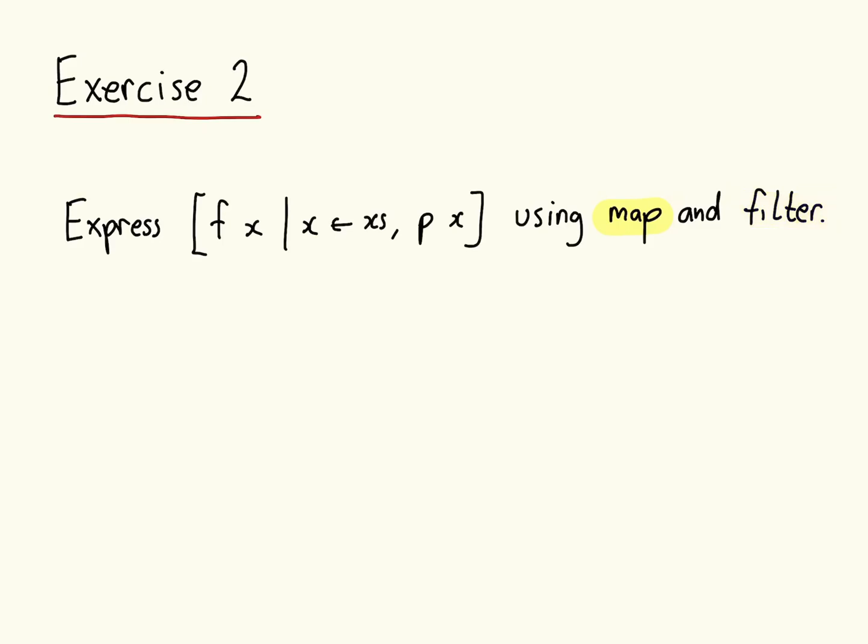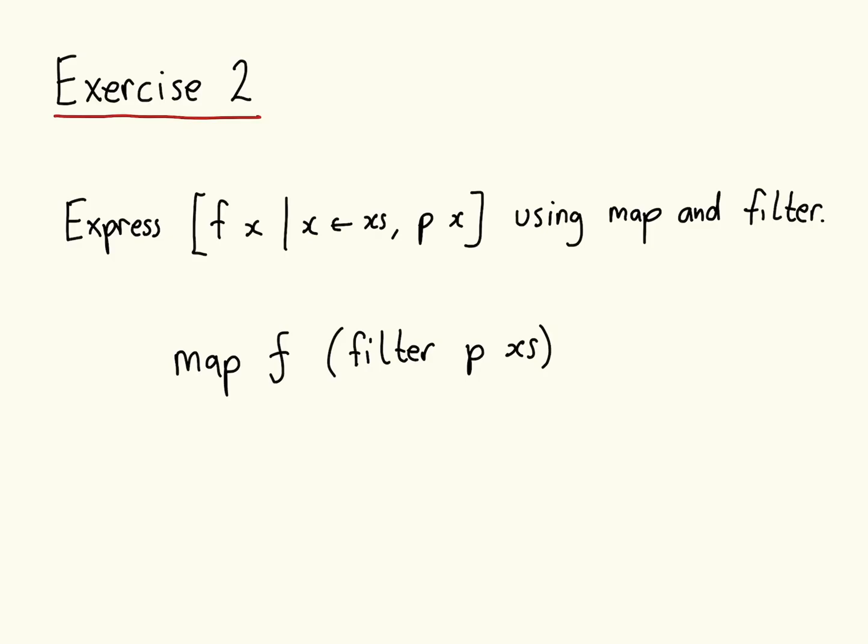So this is a nice easy exercise, but there's an easy way to get it wrong. So I'll show you how to do it correctly first of all. We just simply write down, this is a map, f after the result of filtering p from xs.